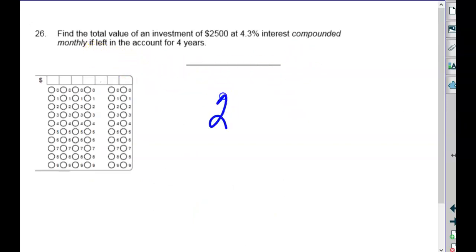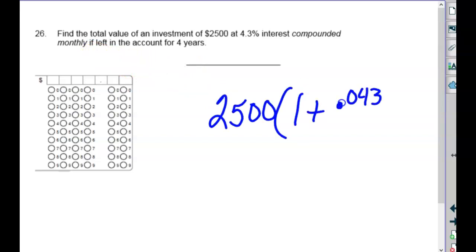Monthly, so 2,500. Compound interest, you will have the sheet, 0.043. Monthly goes 12 out here for 4 years.